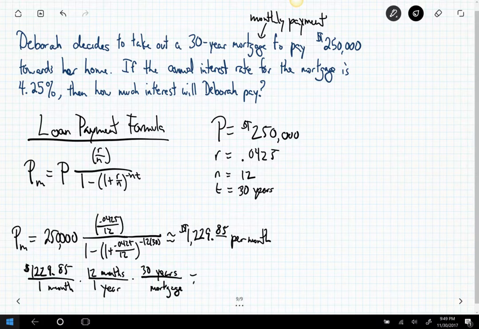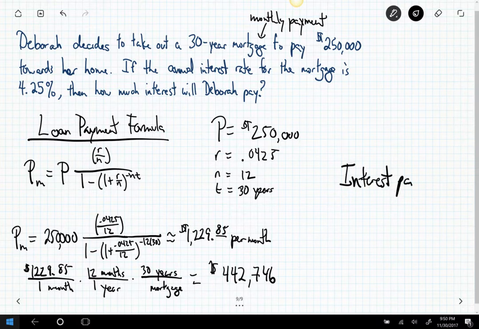Okay. And this should tell us how much we've paid over the life of that mortgage. So at the end of the day, you end up paying $442,746.